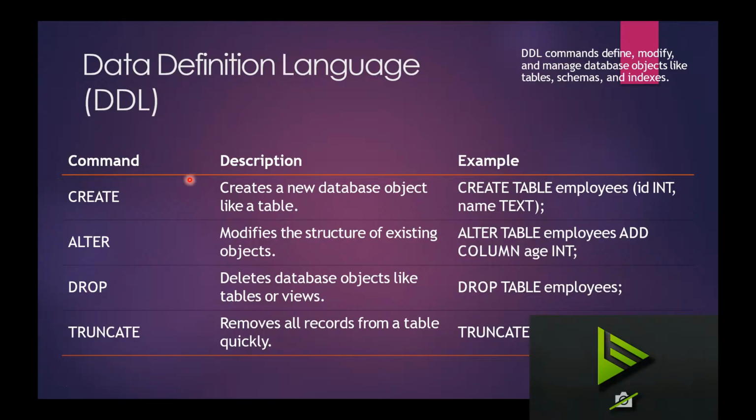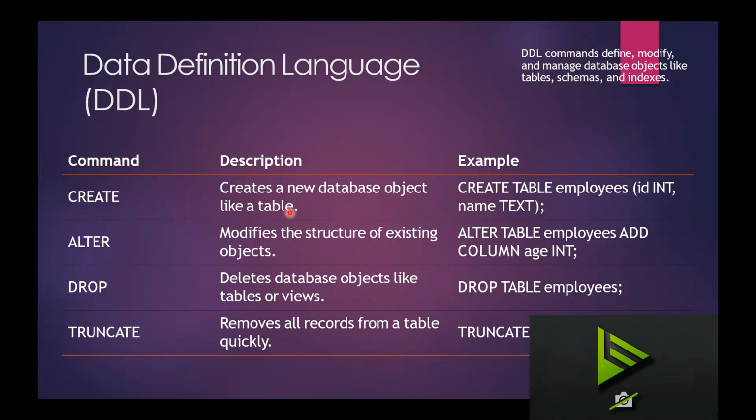The commands are create, alter, drop, and truncate. We saw them yesterday, and today we will also see how to operate them. These are always written in capital letters. The first, create, makes a new database object like a table, which we have seen.